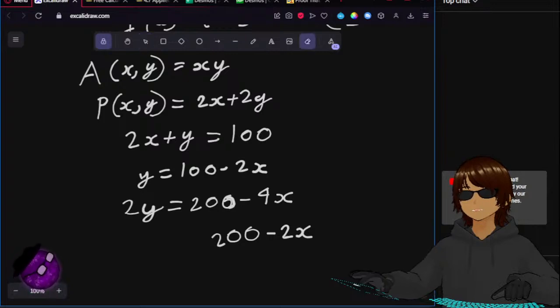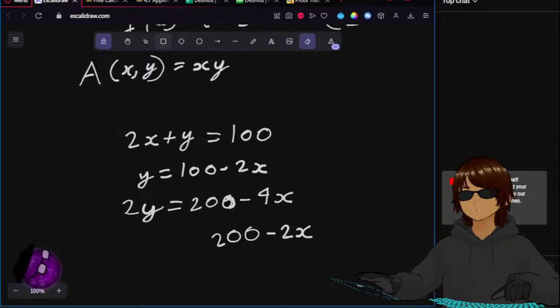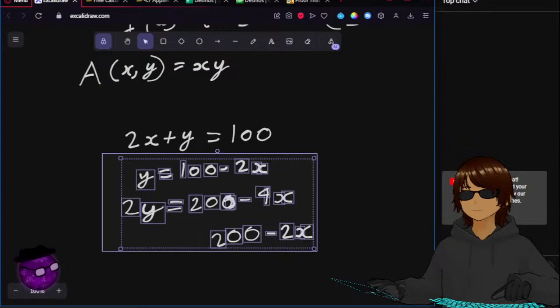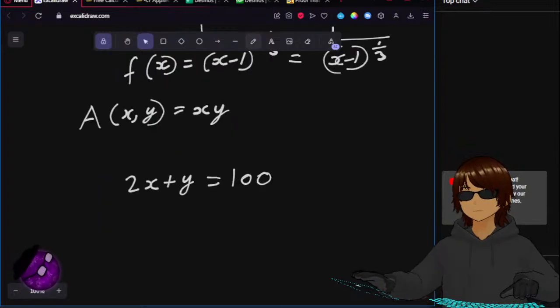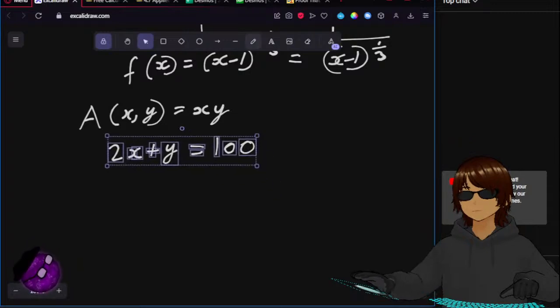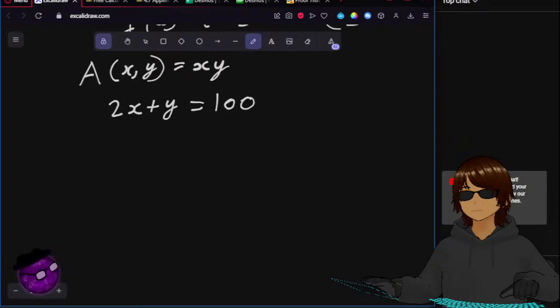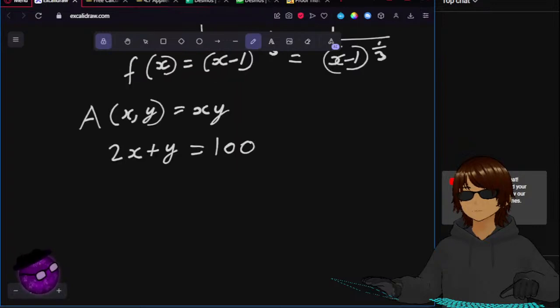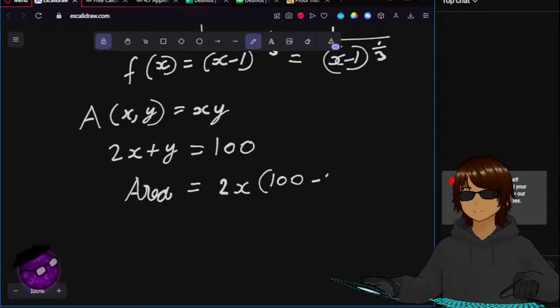And the area is, forget all this. So the area is 2x and then 100 minus 2x.